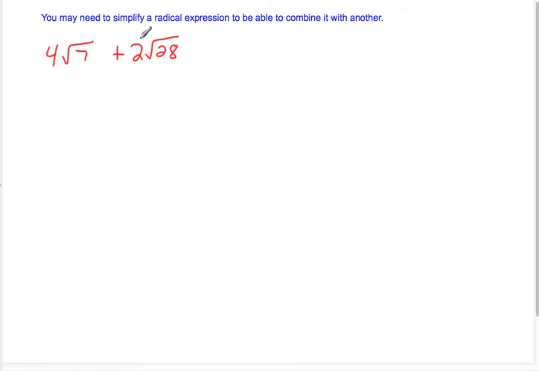Okay, so you may need to simplify a radical expression to be able to combine it with another. So from the previous video, we know that this root 28 can become something else.